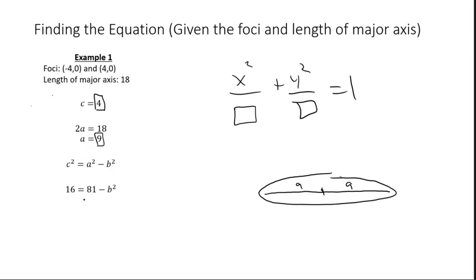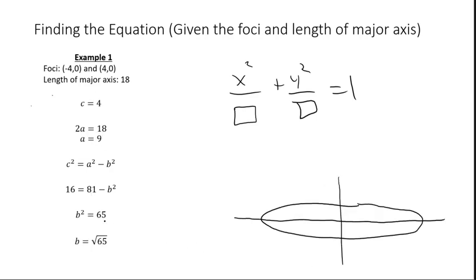So we can subtract 81 from both sides. That would give you a negative b squared equals negative 65. So positive b squared would be positive 65, and then b would be the square root of 65, which we really don't need. We just want the b squared number.